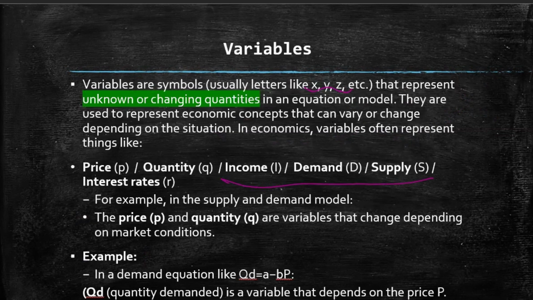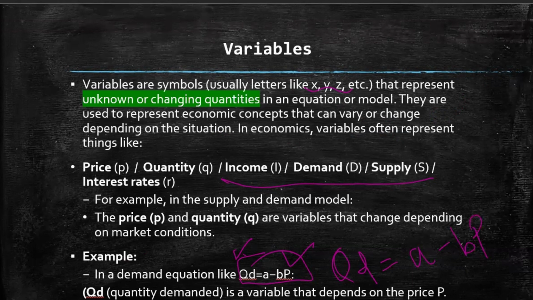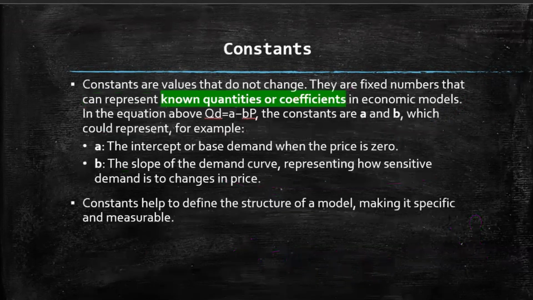In the demand equation, price is a variable. Its value changes. When its value changes, then the quantity demanded also changes, since the left side is equal to the right side. So if the price changes, then the quantity demanded of that product changes. A and B are constants. Their values don't change. These are the coefficients.